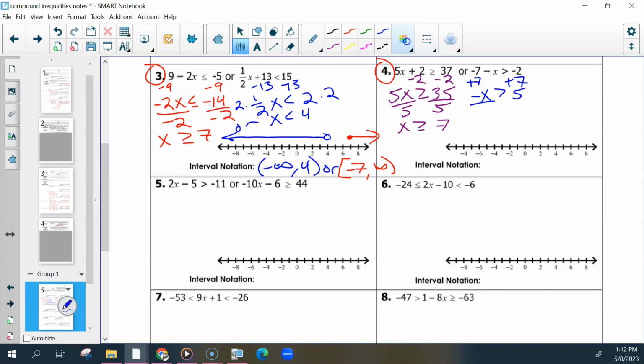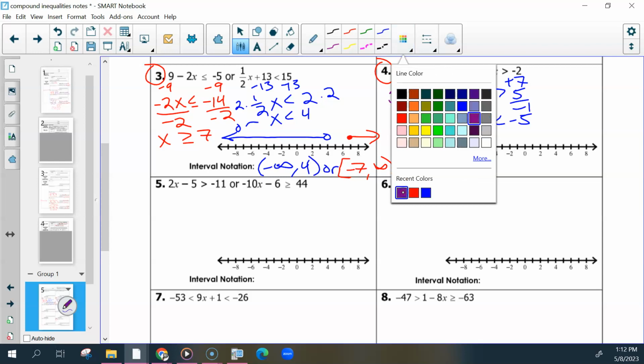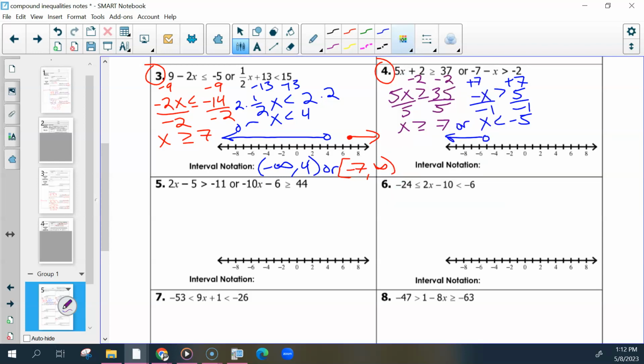Divide both sides by -1. Sign changes. So we have open circle at -5, going to the left. Closed circle at 7, going to the right.